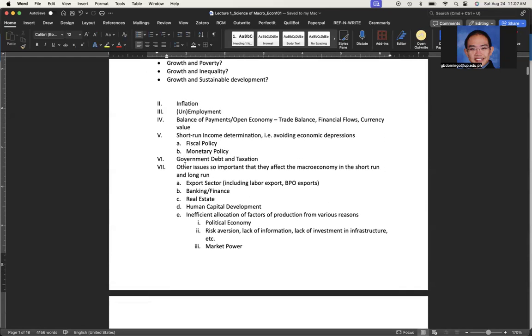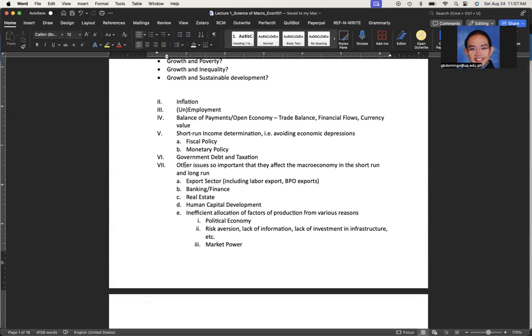Right? We'll be talking about inflation, unemployment, what determines these things, some theories surrounding them, balance of payments, the open economy, again, is a very, very important part of the Philippine experience, as well as the Philippine macroeconomy, as well as macroeconomics in general. A lot of this course will deal with short-run income determination models called the ISLM.